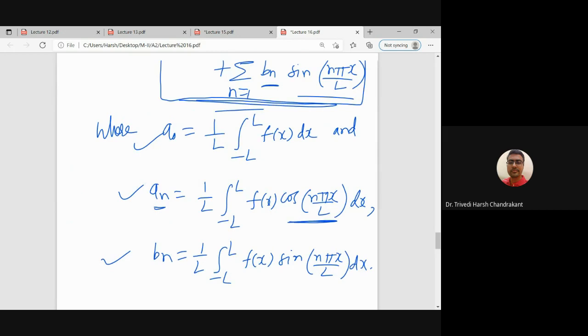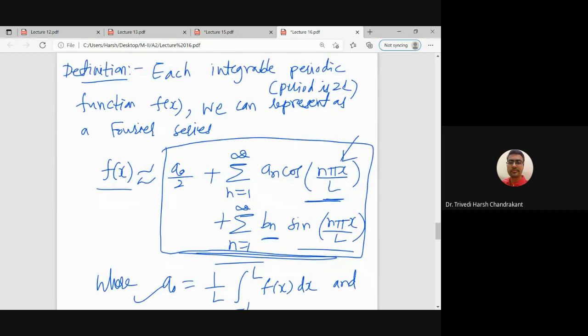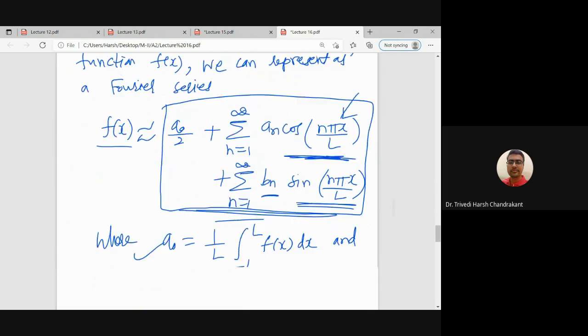L is pi means that in this term, if we substitute L equals pi, we get cosine nx. Similarly, here we get sine nx by substituting L equals pi.